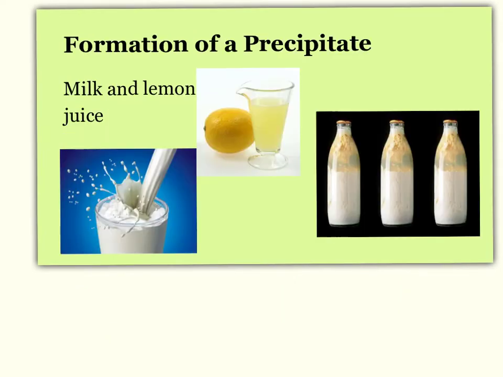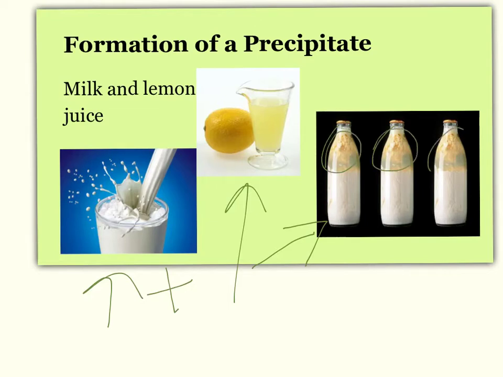One sign that you've had a chemical change or a chemical reaction is the formation of a precipitate. When you mix two liquids together in a chemical reaction, they might form a solid that falls out, or precipitates out. If we take milk, which is a liquid, and lemon juice, which is a liquid, and react them, they will yield this precipitate, these solids that fall out of the liquid.